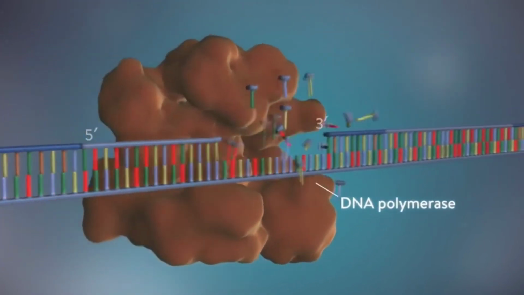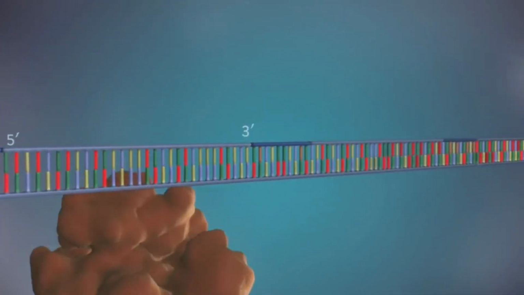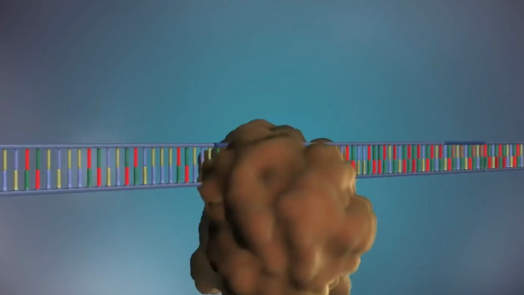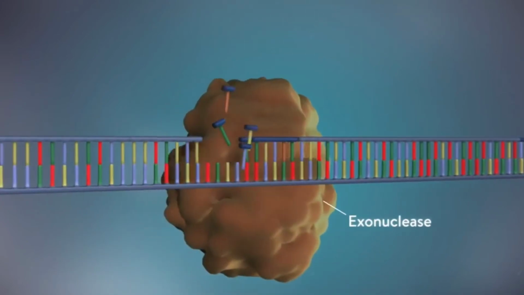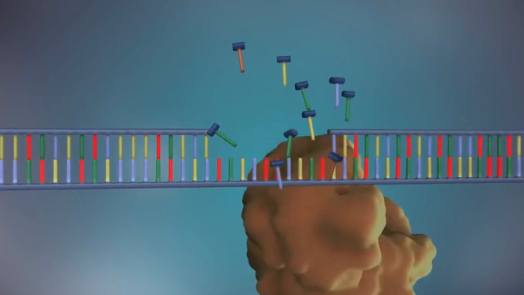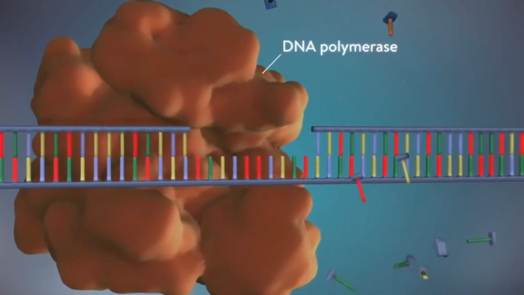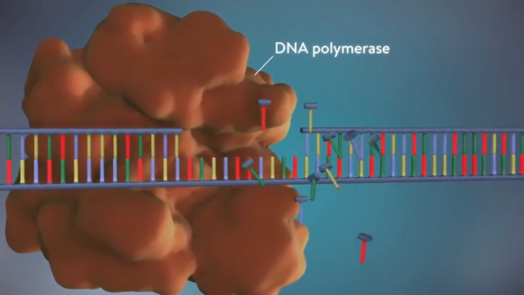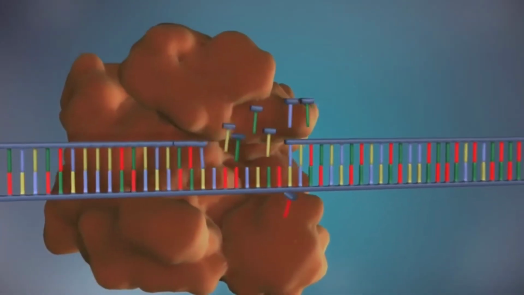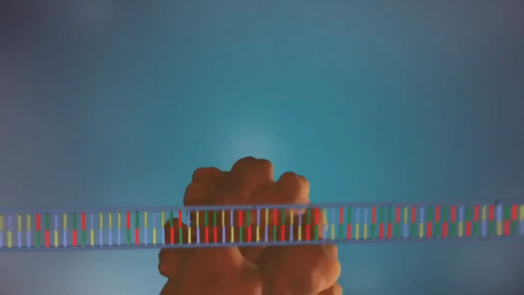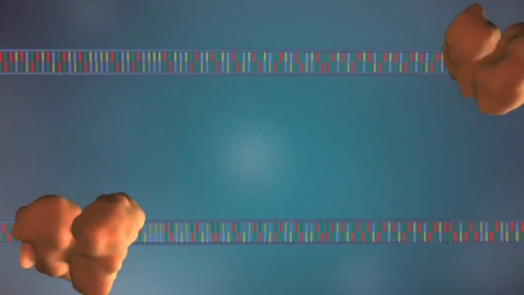After the replication of the whole DNA, we obtain two strands known as the lagging strand and the leading strand. Also, the primers are removed with the help of exonuclease enzyme. Again, that portion is repaired by DNA polymerase.